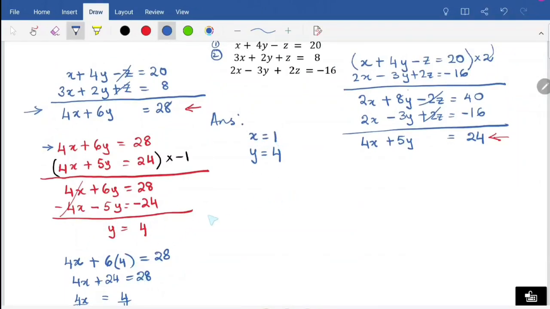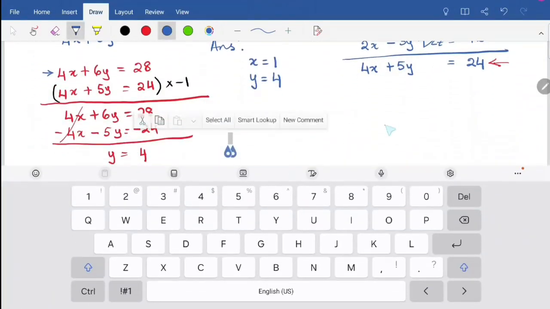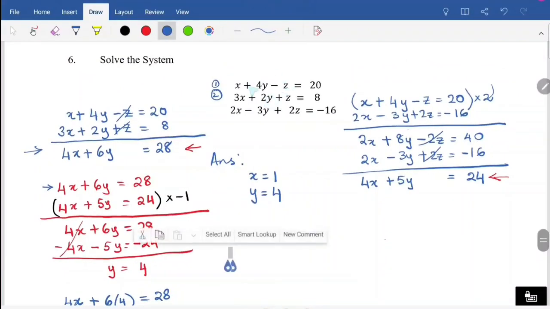So now that we know the value of x and the value of y, you can take any of these equations from the original set and plug in a 1 for x and 4 for y and solve for z. That's it.